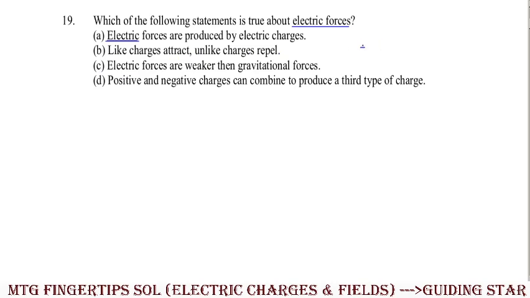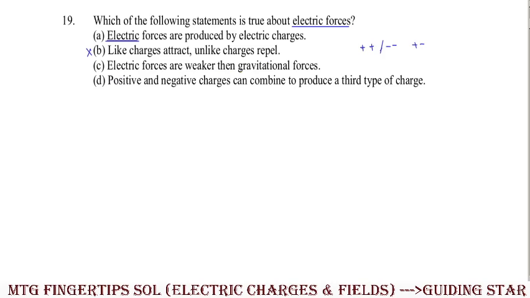Like charges means positive-positive or negative-negative. Similarly, unlike charges means positive-negative or negative-positive. So here it says like charges, that means plus-plus or minus-minus, will attract. So I think it is wrong. Like charges repel and unlike charges attract.